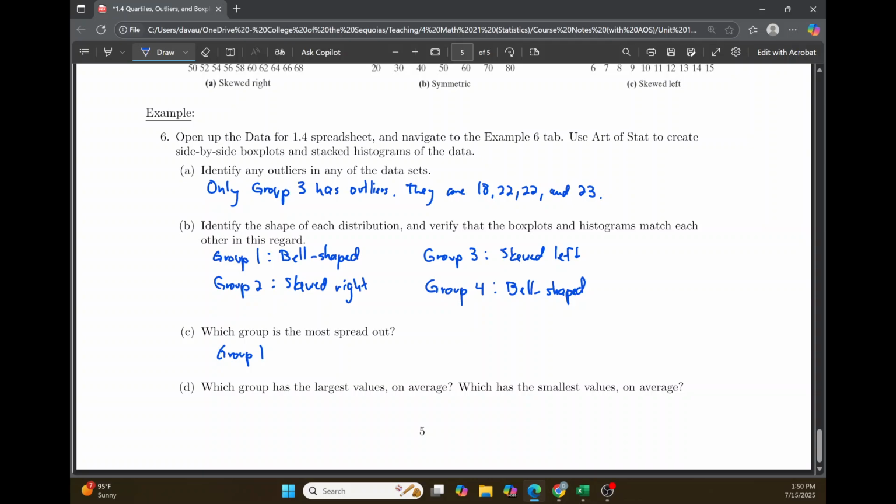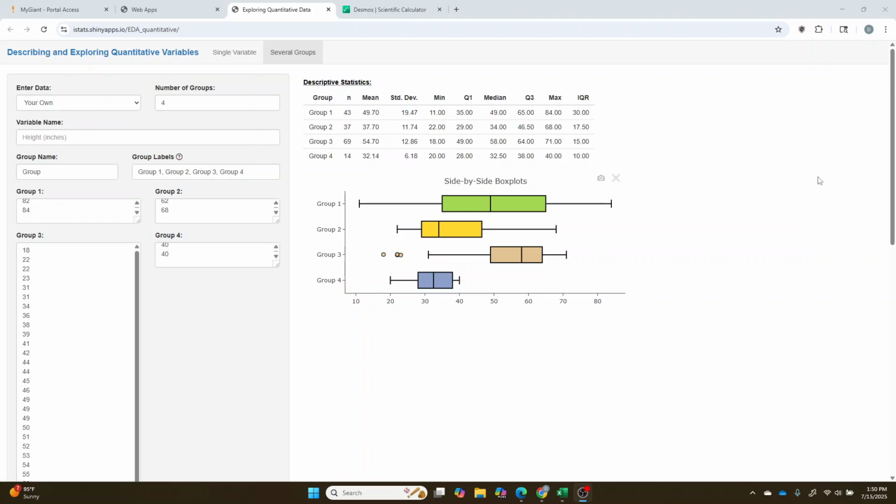And then part D, which group has the largest values on average? Which has the smallest values on average? Well, again, that depends on how you measure the average. And this is something that we'll talk about in a future section as well. But in this case, if we just take kind of where the center of mass is, so to speak, like if we take the center of our boxes, in other words, the median of each box, we can compare those pretty easily.